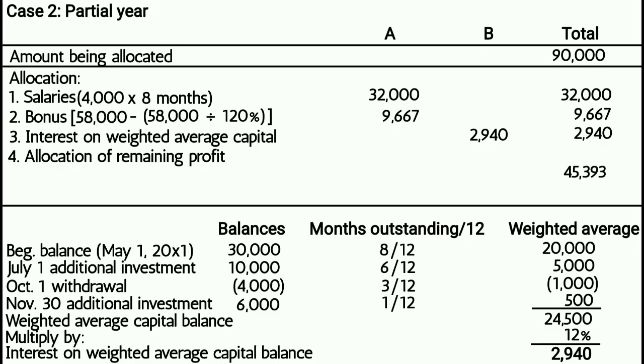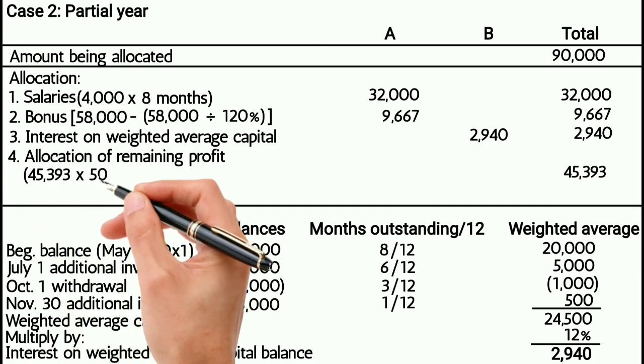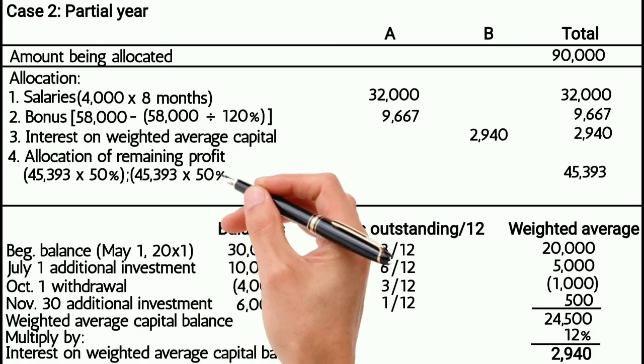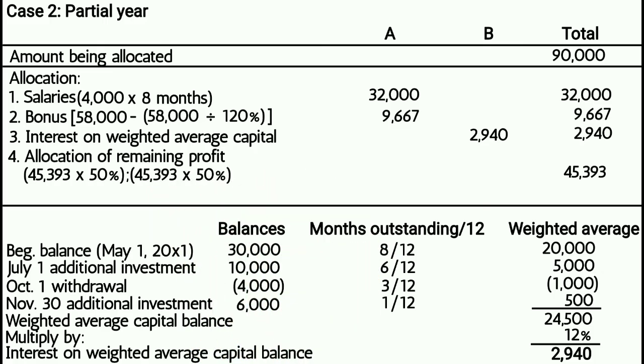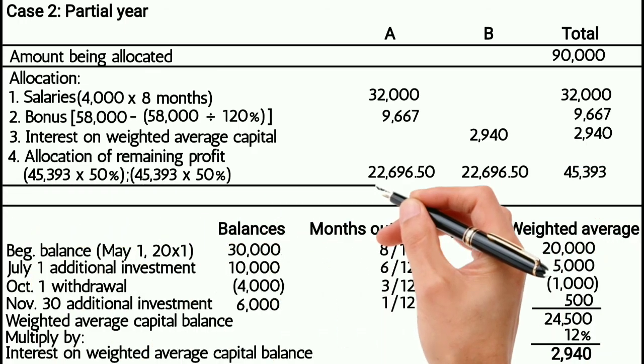Therefore, yung 45,393 pesos, paghahatian yan ni A at B. 50% of 45,393 will go to A, and 50% of 45,393 will go to B. Ang 50% ng 45,393 ay 22,696.50.